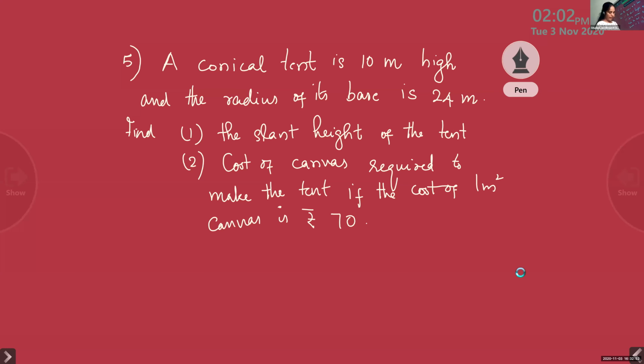Okay, children, you got the answer. Did you get the slant height? Yes, ma'am. Shall we do it? So here slant height is not given, but height is given as 10 meter and radius is given as 24 meter. How did you find slant height?